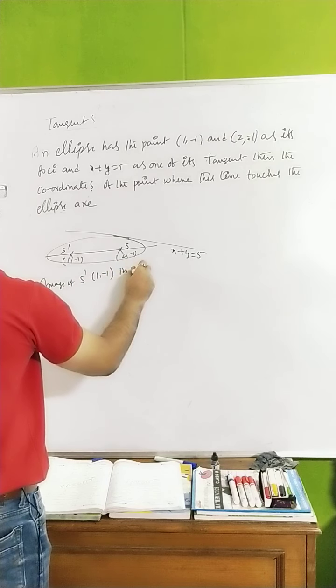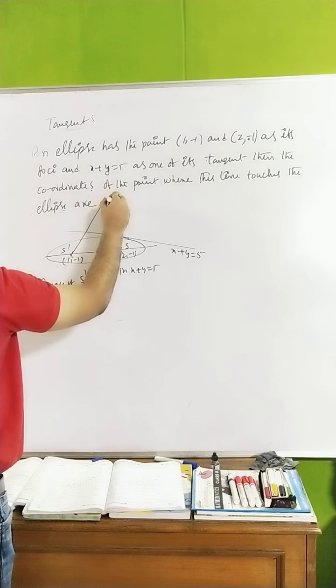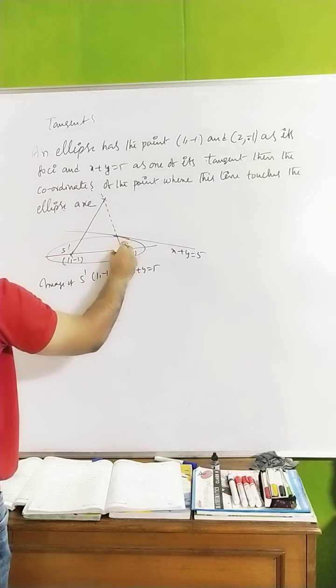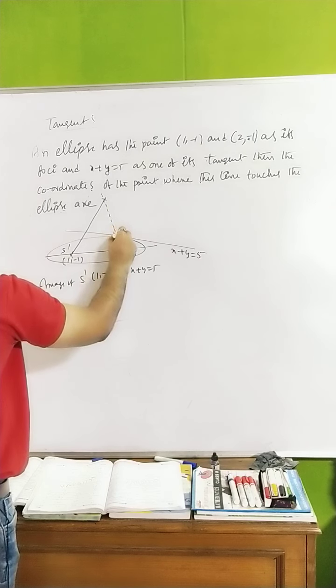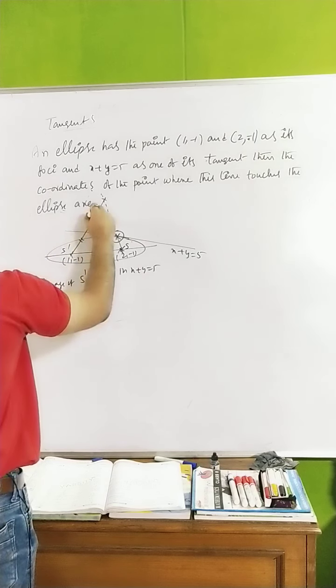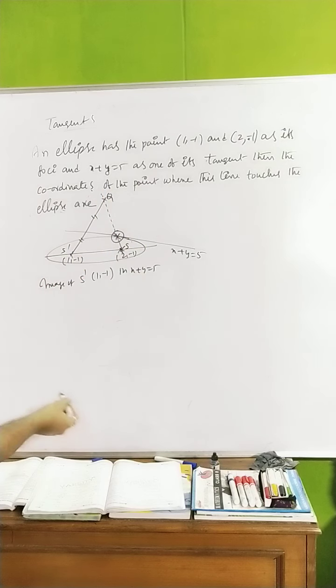In that line I'll take the image. Suppose somewhere here there is a point, and if you join these 2 points, this is the required point I'm thinking. The image I have taken, this distance is the same. So let us say that this is Q.